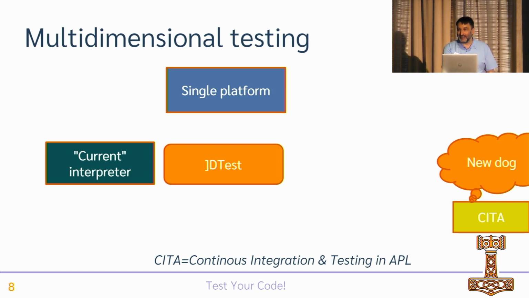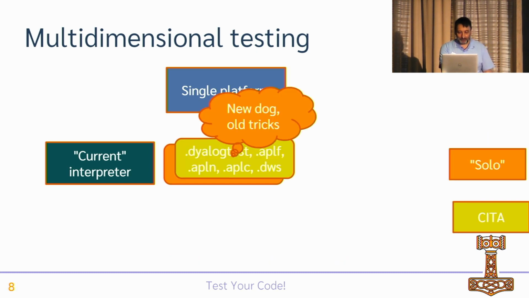So the idea is the same. CETA brings with it enhancements where the old dog learns new tricks. So previously, you could only test your code using the Dyalog test files or APL functions.